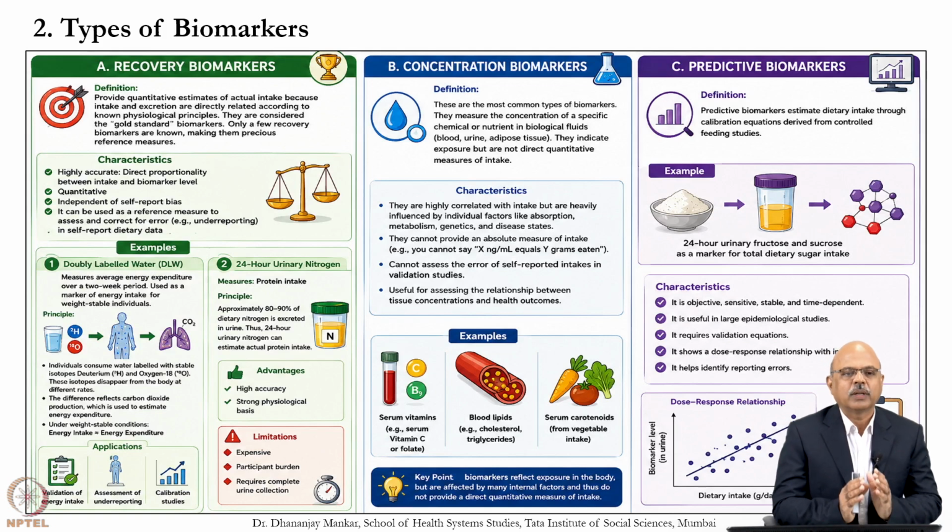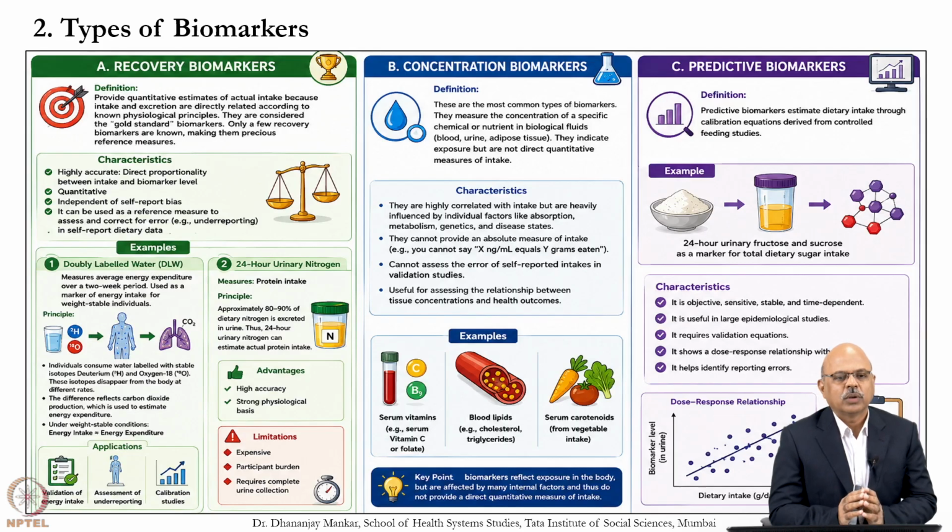As you understand from the knowledge of physiology, these are considered the gold standard biomarkers, and only a few recovery biomarkers are known, which provide precision as reference measures. So on physiological standards they have been proven.